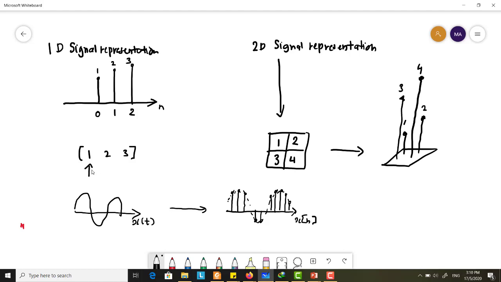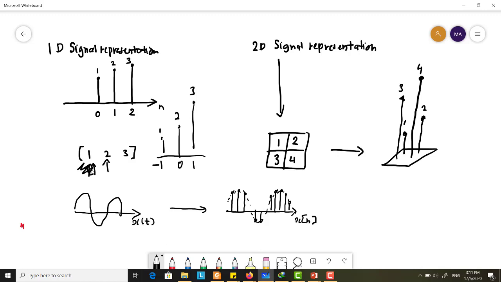Without this arrow, you don't know which one is the origin or reference where the time is 0. So if I put the arrow here, then my signal, if I draw it this way, should be something like this. This one should be 2, this one should be 1, and this one should be 3. And then my 0 starts there, and this is -1, this is 1. So that is how they represent the digital signal.